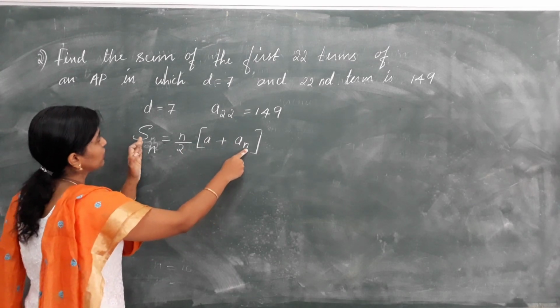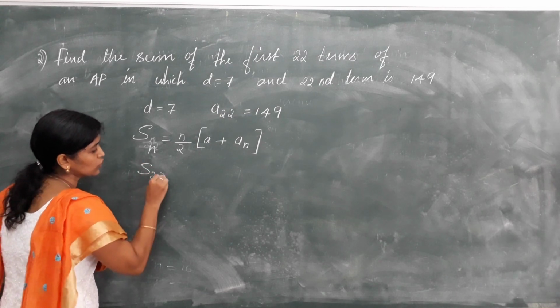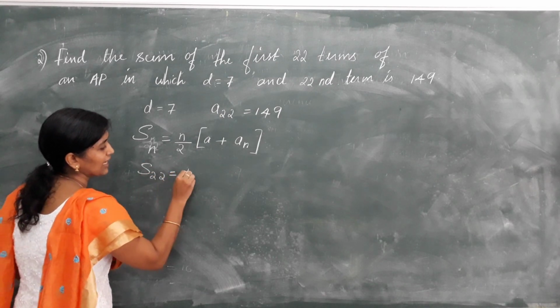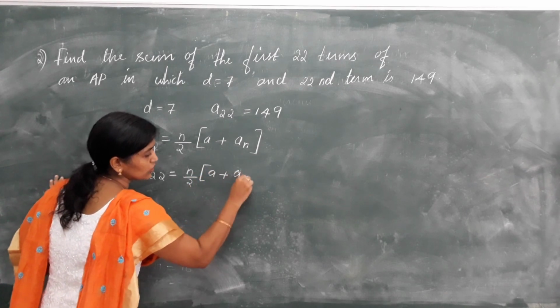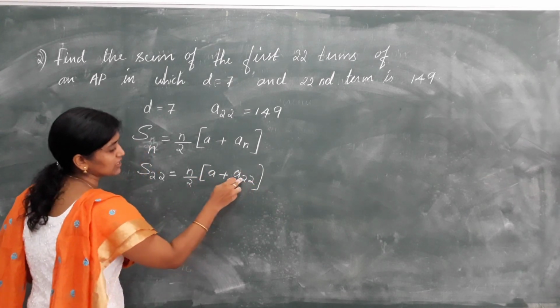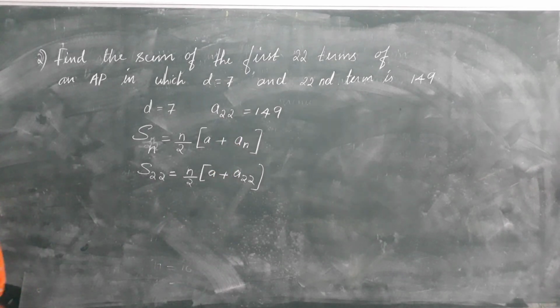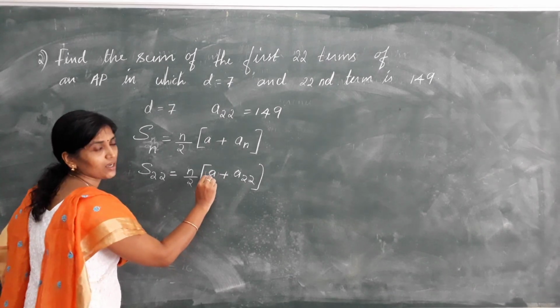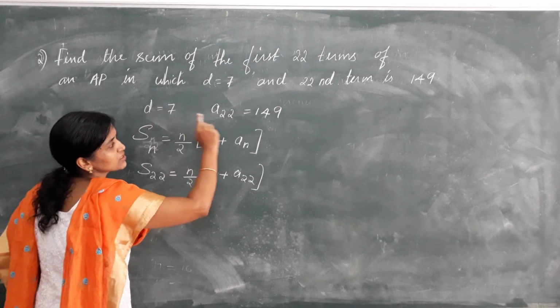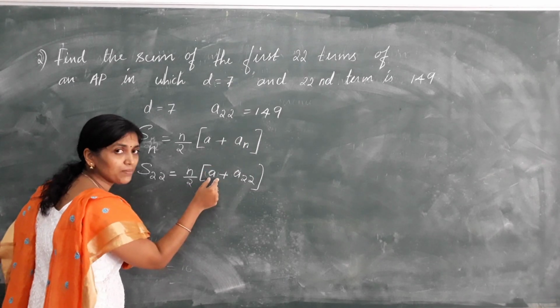So S22 is equal to n by 2 into a plus A22. We are taking this formula because A22 is given to us. But to use this formula, we need the first term a, and the first term is not given here. So first we have to find the first term a.